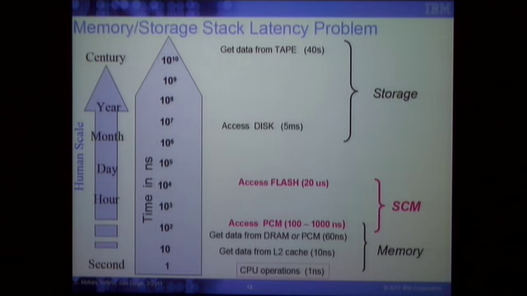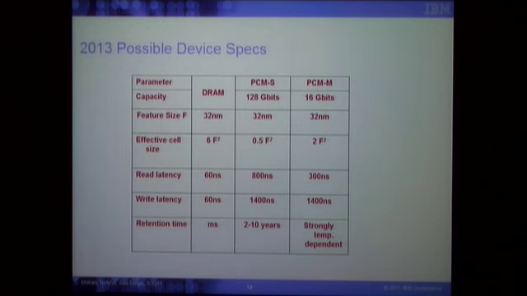And you can see with the SCM, it's more like an hour or so. Whereas with DRAM, it's more like 100 seconds in real life. So for some people, visualizing it this way makes it a little more relatable.